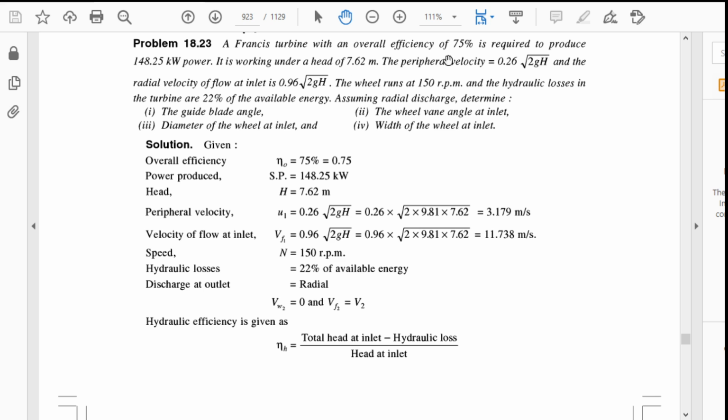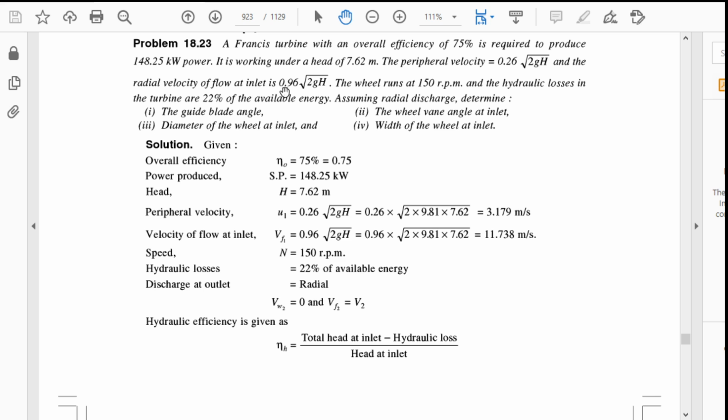overall efficiency of 75% is required to produce 148.25 kilowatt power. It is working under a head of 7.62 meters. The peripheral velocity equals 0.26 root 2gh, and the radial velocity of flow at inlet is 0.96 root 2gh.